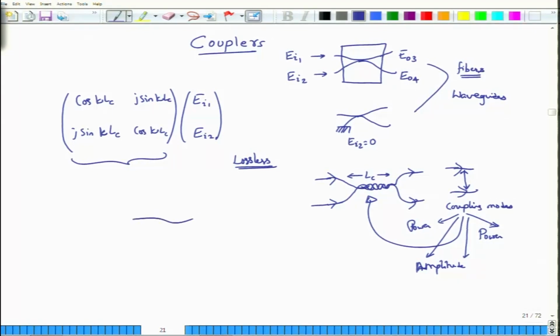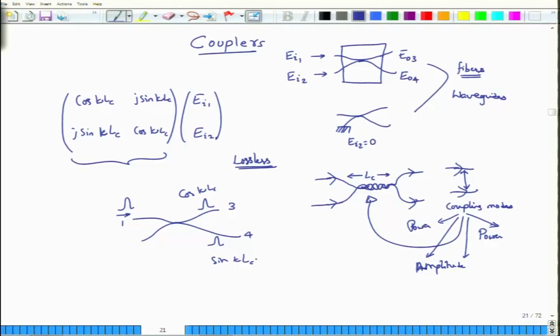What we mean by that is that if this is my coupler, and I send in a certain optical signal onto this port, so this is port 1, then on port 3 and port 4 I will get appropriate amplitude pulses at the output, the amplitude being distributed in terms of cosine kappa LC and sine kappa LC.